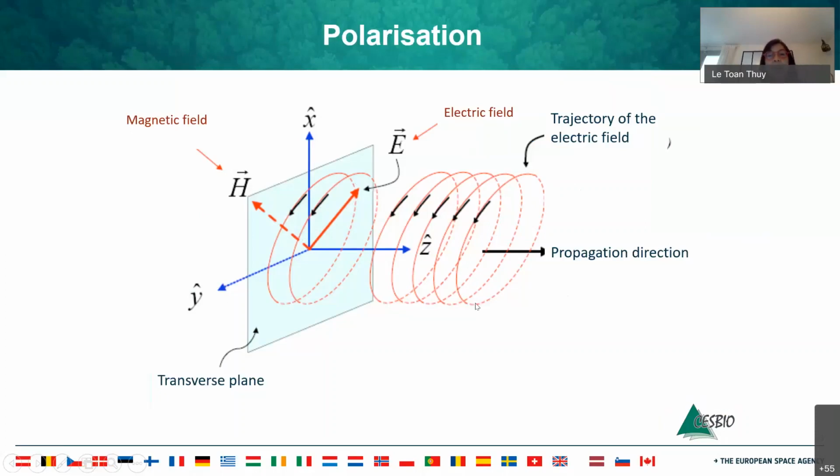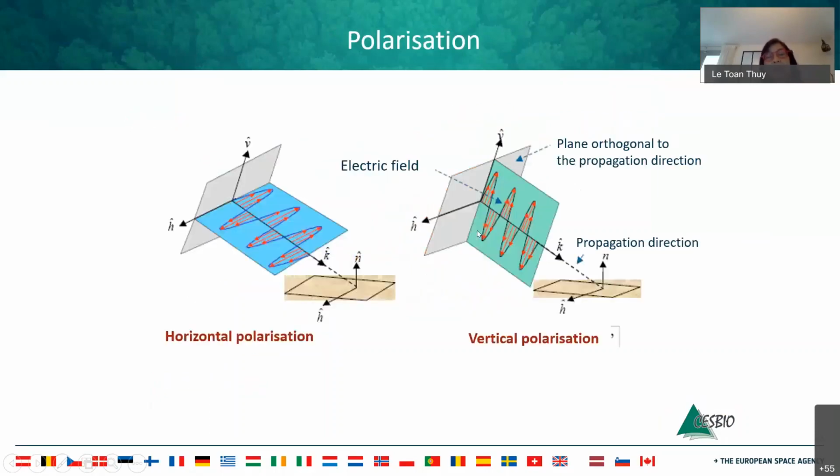And so the polarization could have something in space like this, but then in remote sensing, we talk about horizontal polarization or vertical polarization.